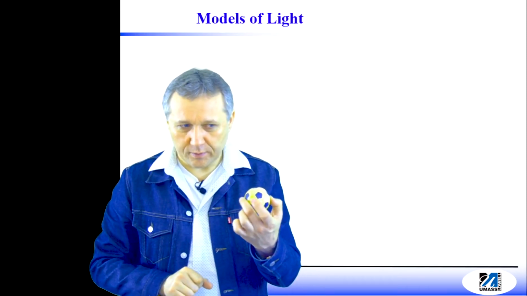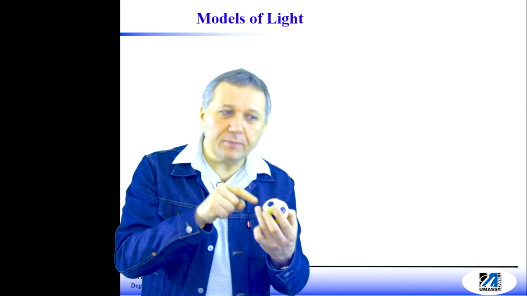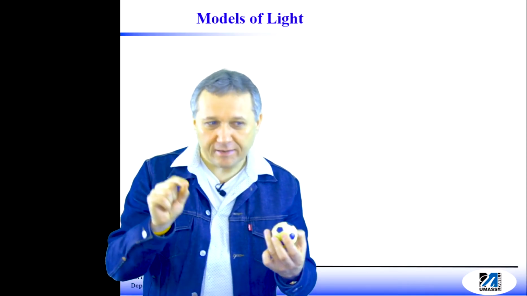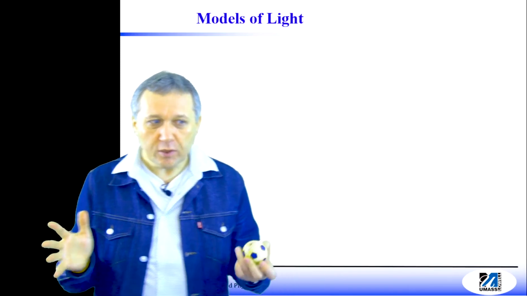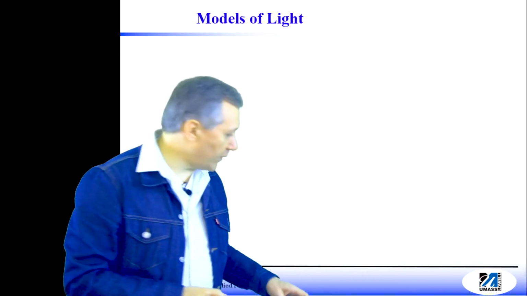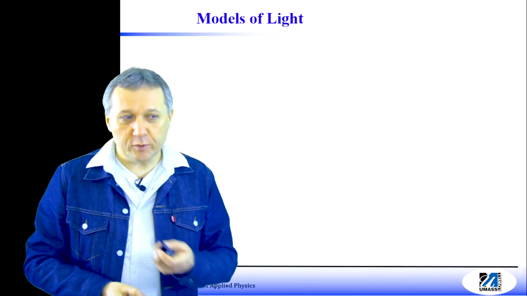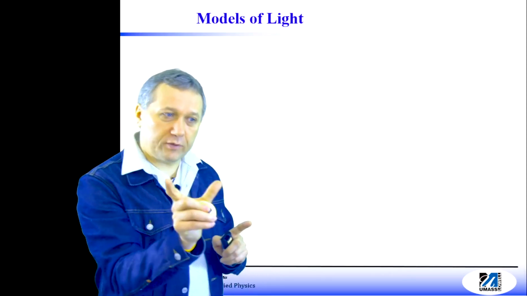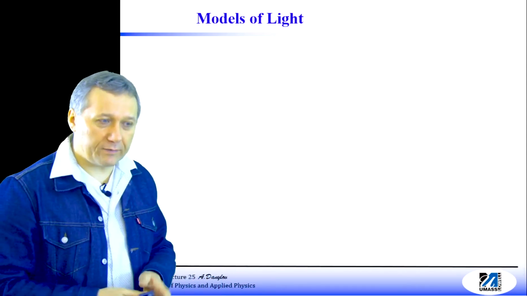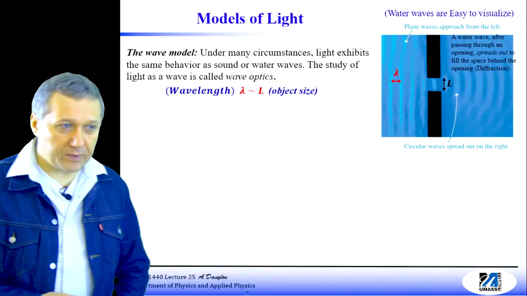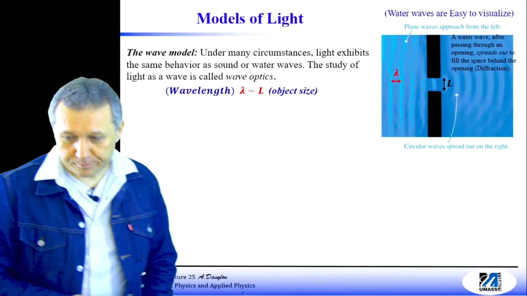And if we want to describe them, we need to treat light as a wave, and we need to use what is called wave optics. That's what we've been using so far, and we are going to use that today. So again, if the size of an object and the wavelength are comparable, then wave optics must be used.